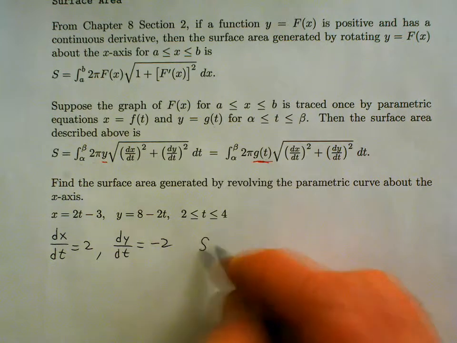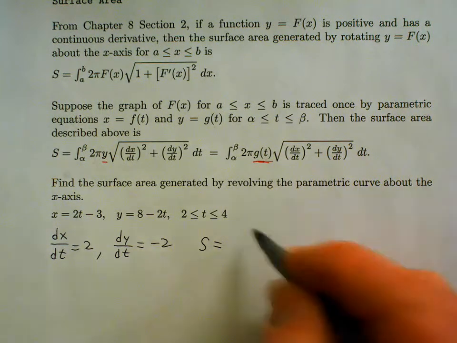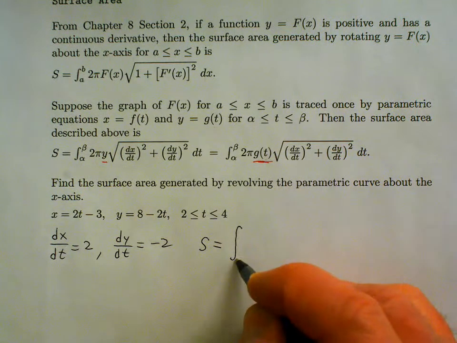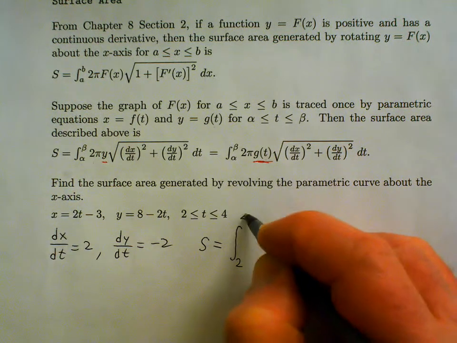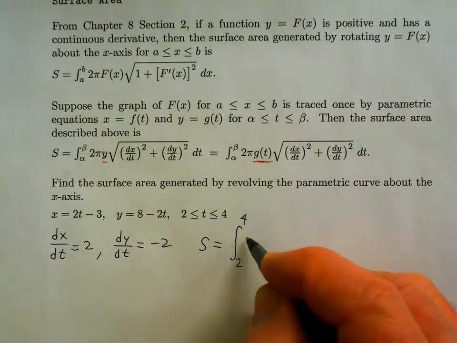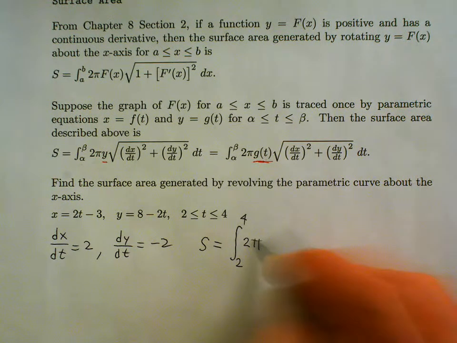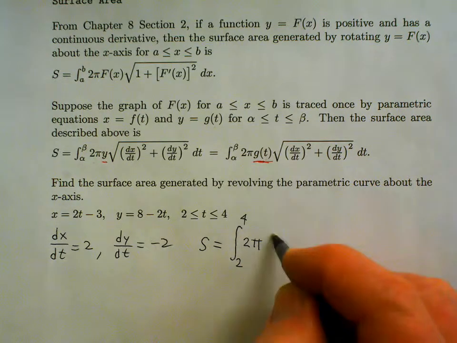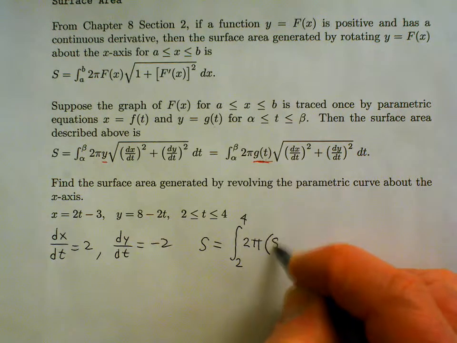Okay, so the surface area is the definite integral from t equals 2 to t equals 4. 2 times pi times what y is. Y is the binomial 8 minus 2t.